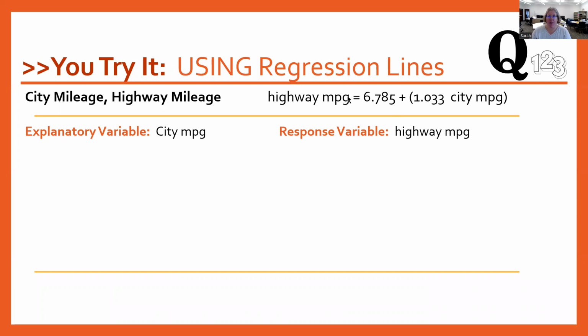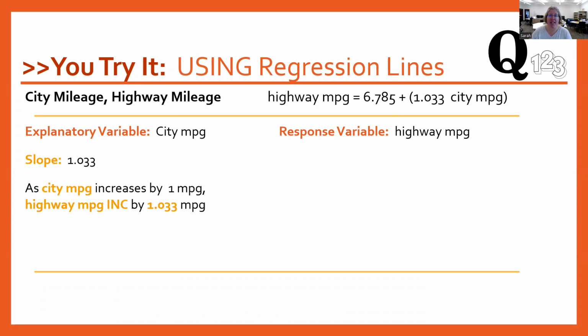All right, so the slope is the number that's attached to the explanatory variable. So that's 1.033. And that's a positive number, so that makes it just a little bit easier to write that sentence. If we interpret this in context, we get: as city miles per gallon increases by 1, so each time my city miles per gallon gets better by 1 mile per gallon, my highway miles per gallon increases by 1.033 miles per gallon.